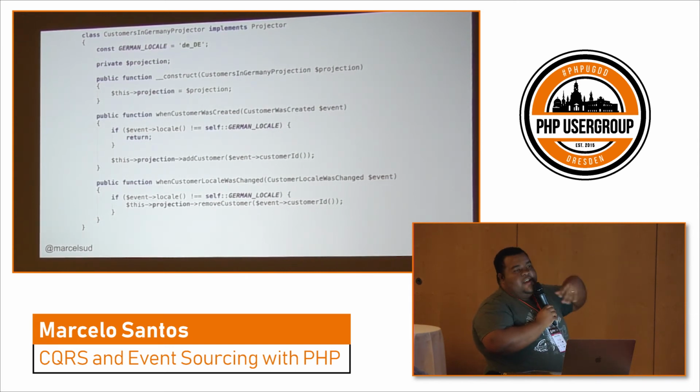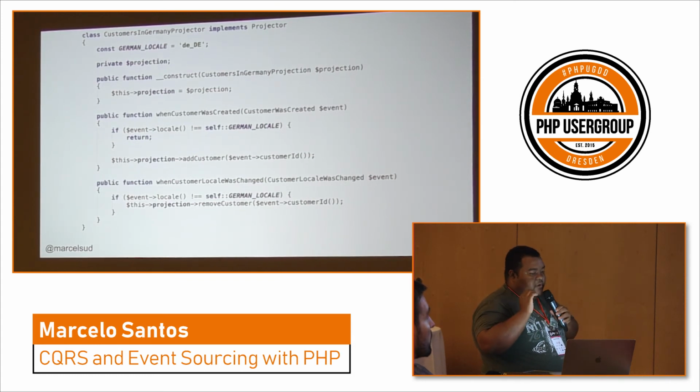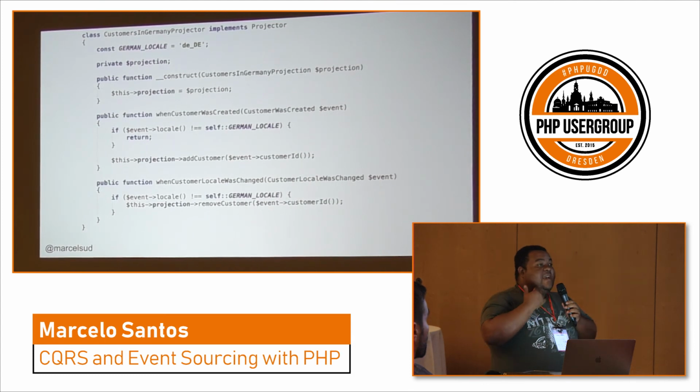This projection could be an array, it could be a table, it could be an XML file, whatever. It doesn't matter for me. I just want to add this customer. And whenever the customer locale changes to something that is different from German, then I will remove them from my list as well. So I keep track of the data on my side.